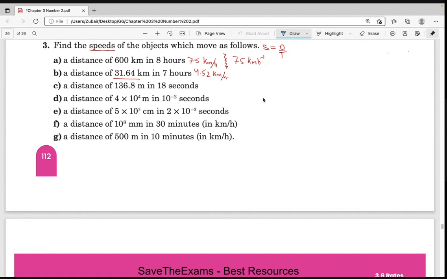I see part. Yes, Ellie? 7.6. Yes, 7.6. Now try D part.